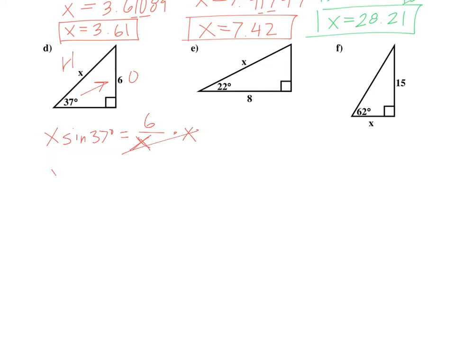That cancels out. You get x sine of 37 degrees equals 6. All right, just take it step by step. Now I divide by sine of 37 degrees. Okay, so x is equal to, I take 6 and I divide it by sine of 37. And that gives me 9.97.